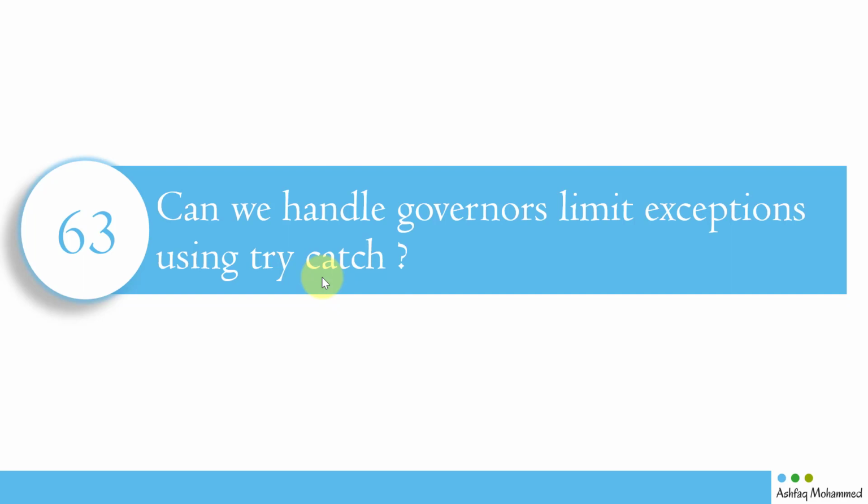Okay, so getting a governor limit in your application is nothing but a warning sign. If you are on production support and you got a governor limit, it's a big warning sign.